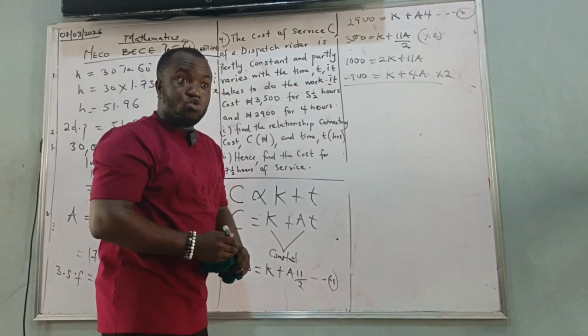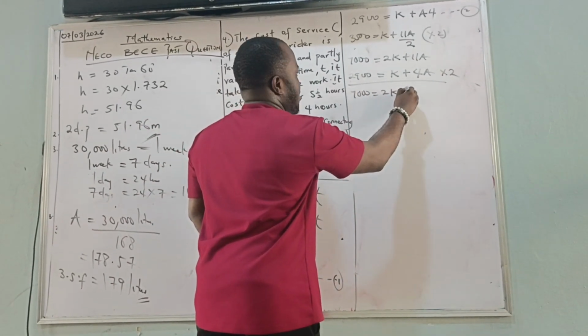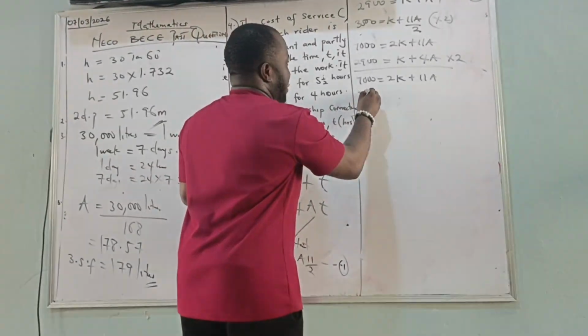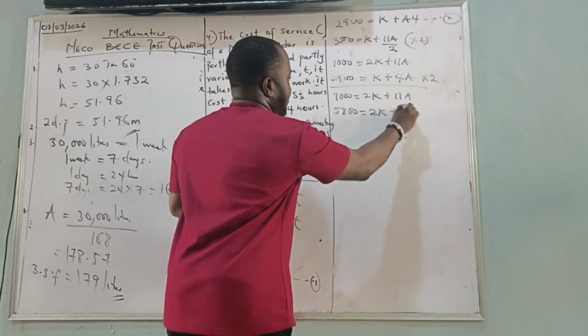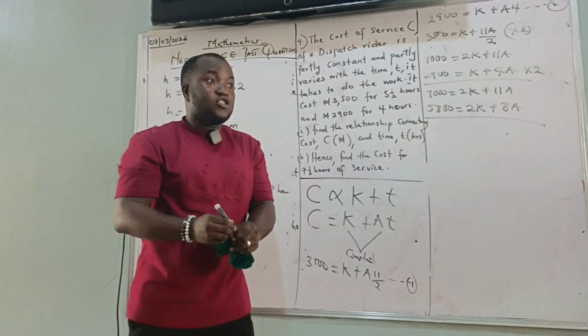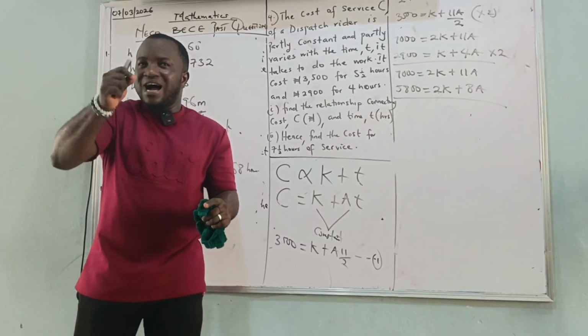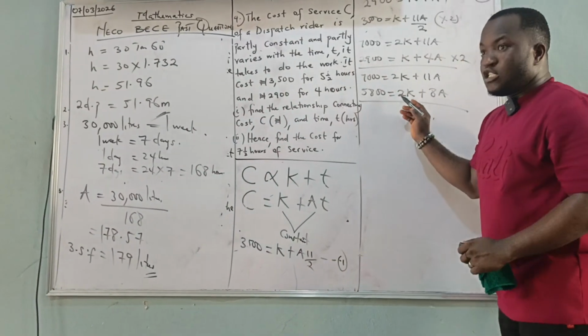Both of them will be 2. So I have 7,000 equals 2k plus 11a. 2 times 2,900 is 5,800 equals 2k plus 8a. Both of them now have the same coefficient: this is 2k, this is 2k.